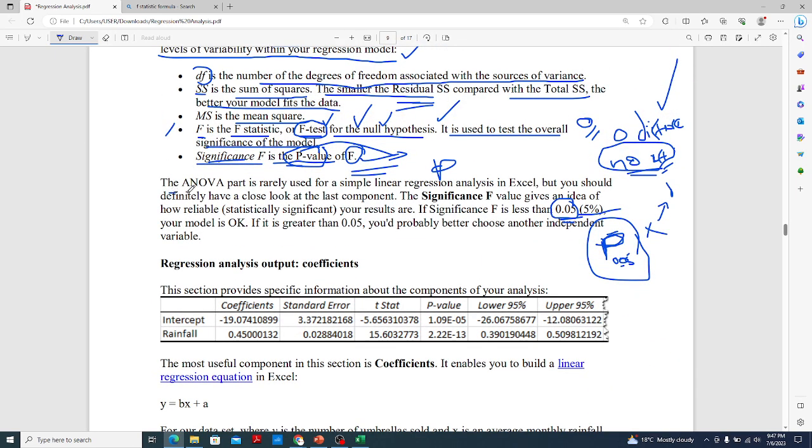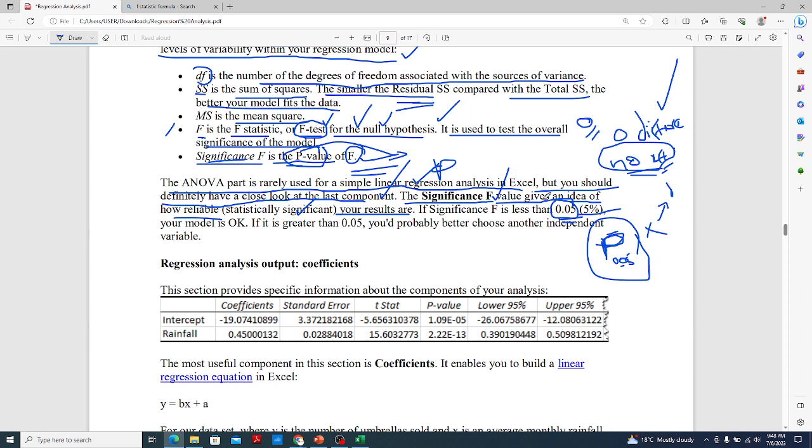So the ANOVA part is rarely used in simple linear regression analysis in Excel, but you should definitely have a close look at the last component, that is the significance F. The significance F value gives an idea of how reliable or statistically significant your results are.